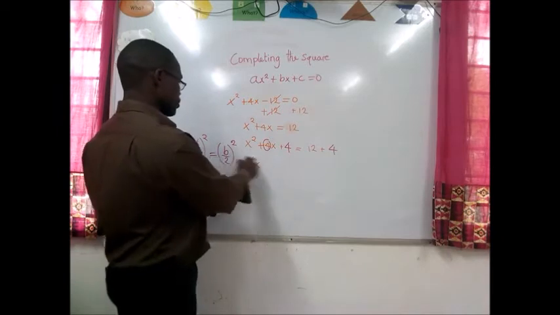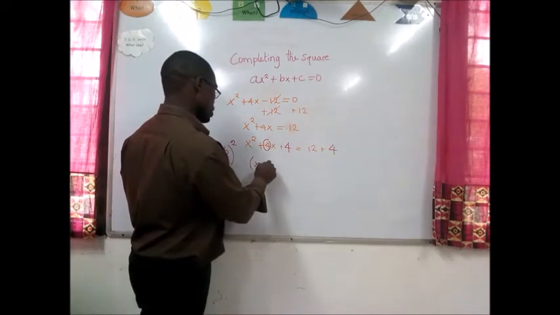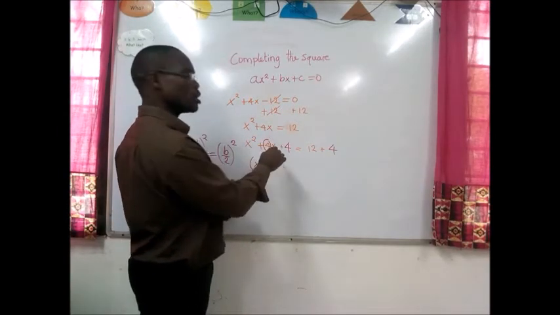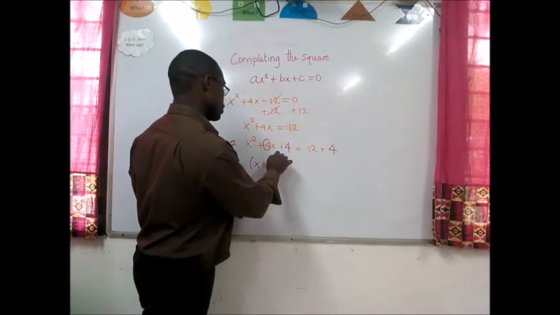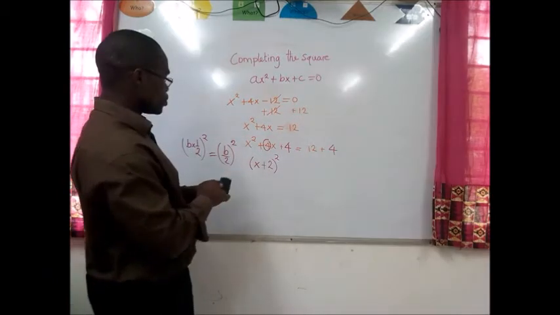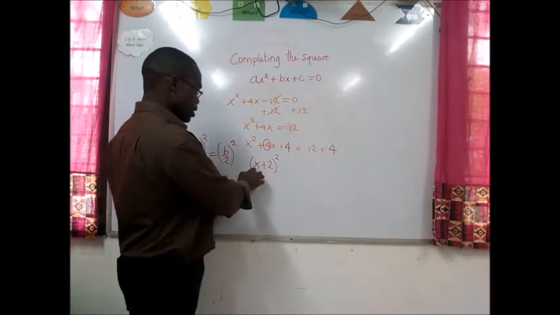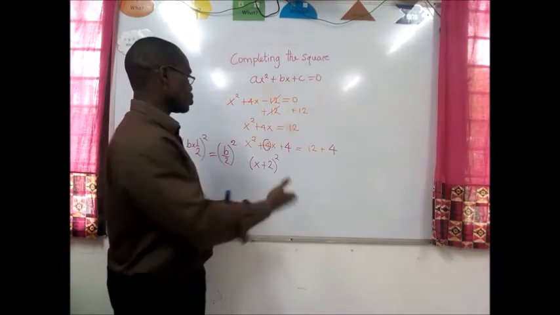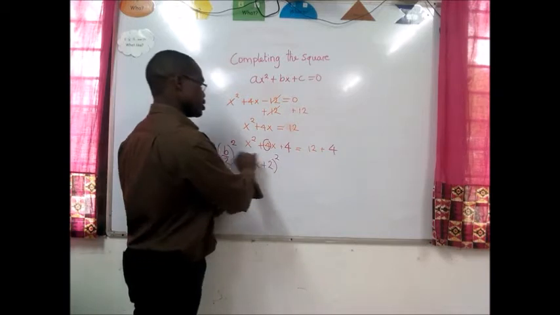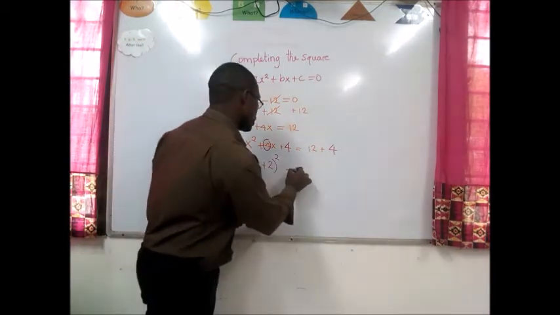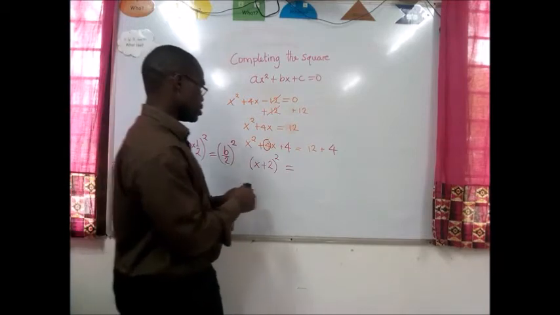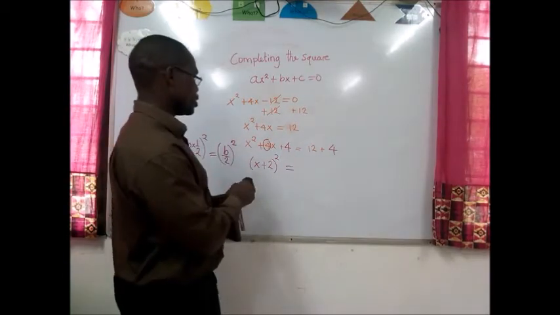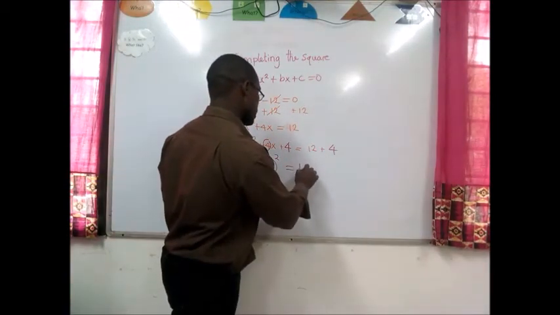So b times a half here is 2, so it is positive 2, because 4 divided by 2 is 2, and then you square. If you use this, x plus 2 times x plus 2, obviously you get this answer. And then we get it perfect. So now we have the perfect equation. So here it will be 16.